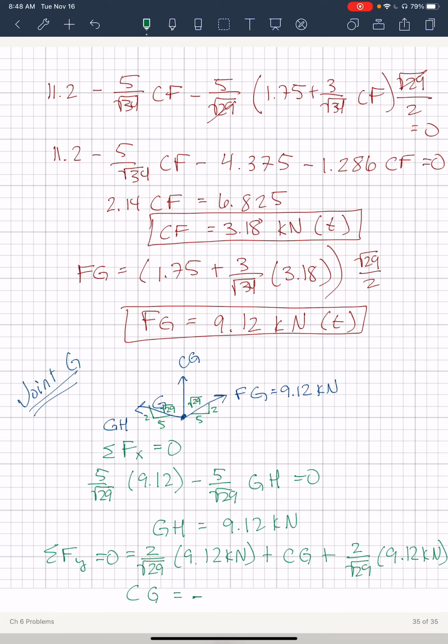It'll actually be in compression. So we get 6.78 kilonewtons, or negative 6.78 kilonewtons. So that means it's 6.78 kilonewtons in compression is your CG.